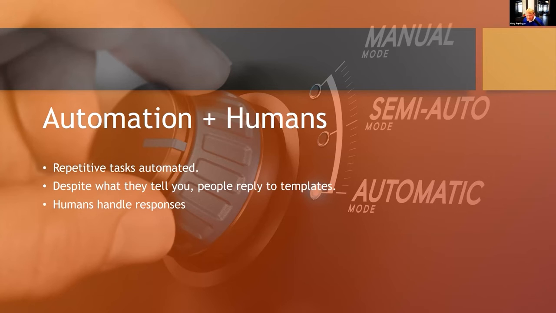But the one thing I will say is once the responses come in, that is time for a real human being to get involved, because at that point, copy and paste won't work. There's bots out there now that will use AI, which is not real AI at all. It's just a script, and it doesn't really engage people, right?